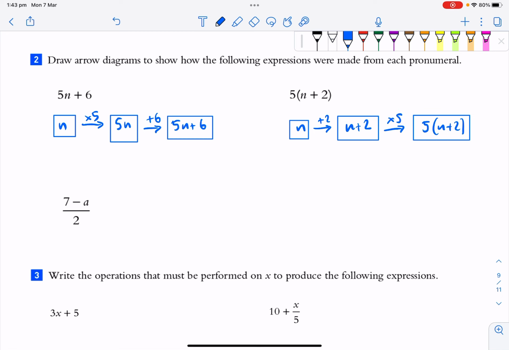Just like that. All right, over here, let's start off with the letter A. Or we can even start with the 7. It's whatever you prefer. Actually, it says from each pronumeral, so we're going to start with the letter. So let's start with A. All right, now the first thing that happened to the A, it became negative.